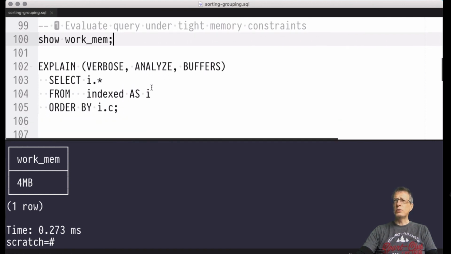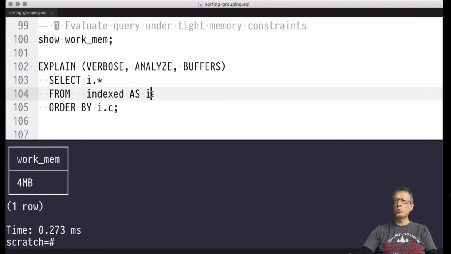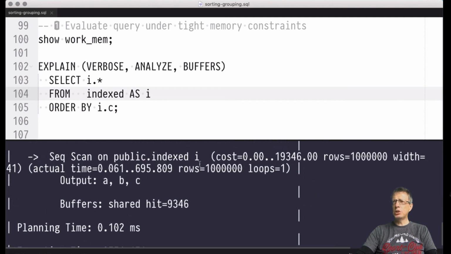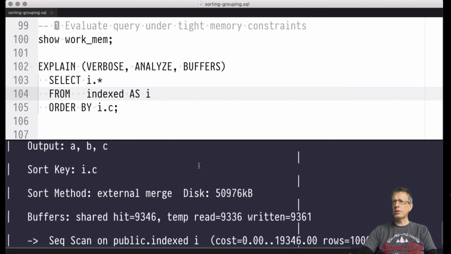And indeed, as we have seen before, if we try to sort the indexed relation using an explicit sort by the C column, then we will see that the external disk-based sort algorithm is the choice of execution method.